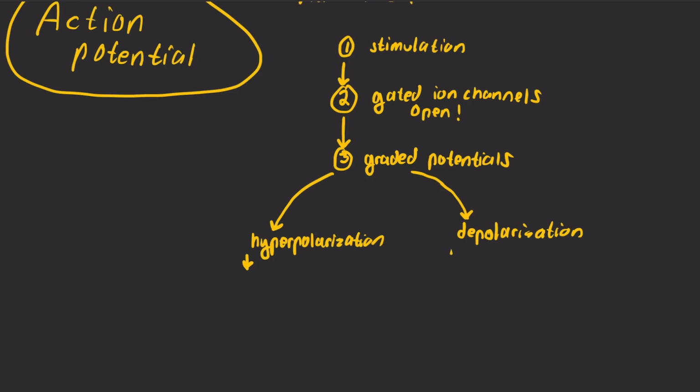So it's going higher. And this will generate an action potential if the threshold is met. So that's just a recap of what we discussed last class.